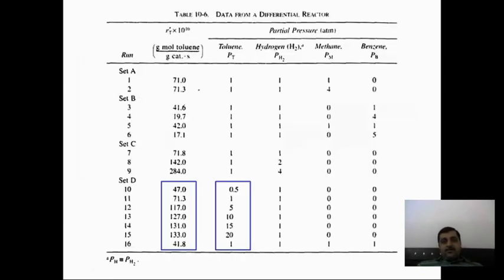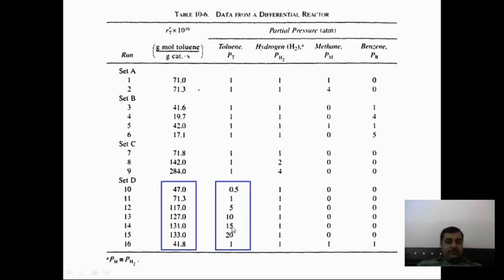Let's go on to the third component, which is toluene. Now if you look at toluene, when partial pressure was at a low value, there has been almost a doubling of the rate. And as it goes on increasing above a certain value, it is almost double, but still there has been a very low rise.